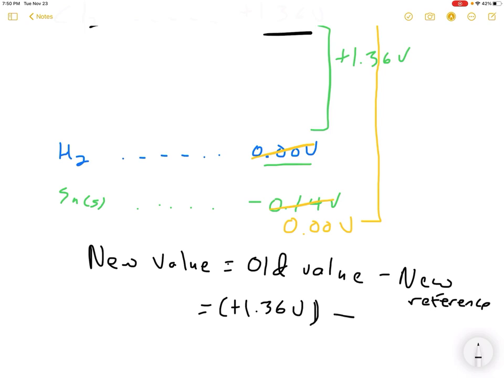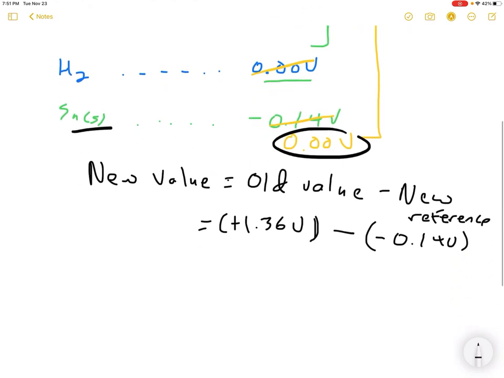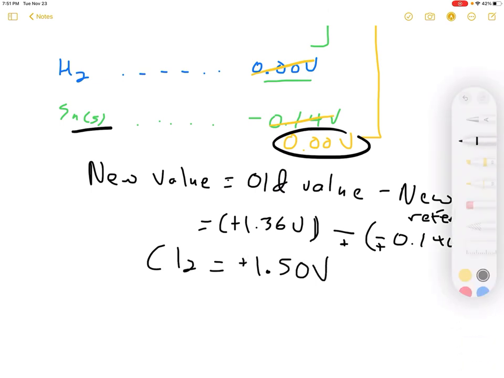The new reference is tin, and we saw that in the data booklet, tin has a value of negative 0.14. And so when you plug this in the calculator, and these become positives, we see that the value of chlorine as a reduction potential becomes positive 1.50 volts.